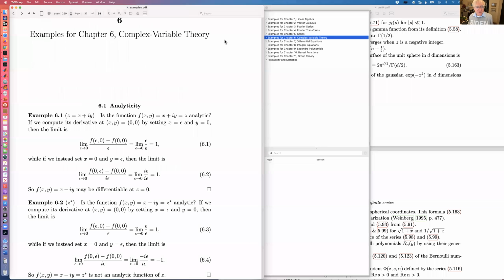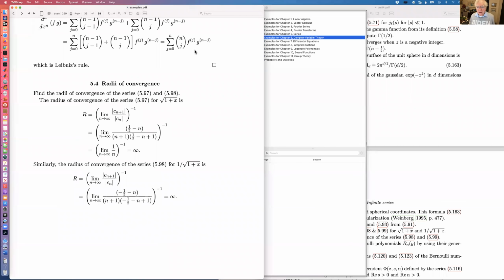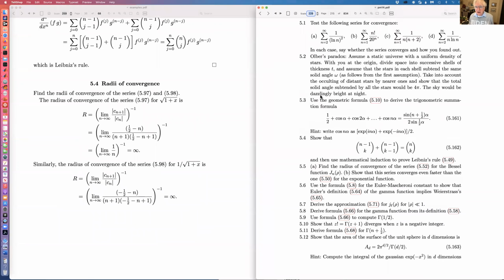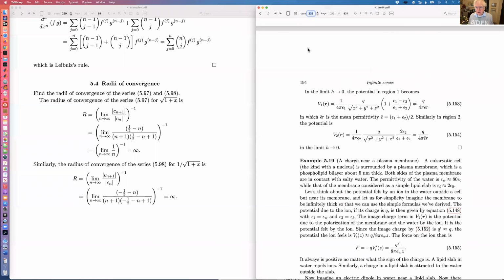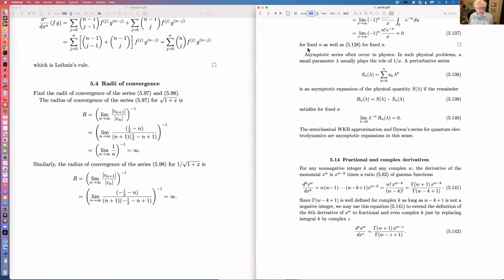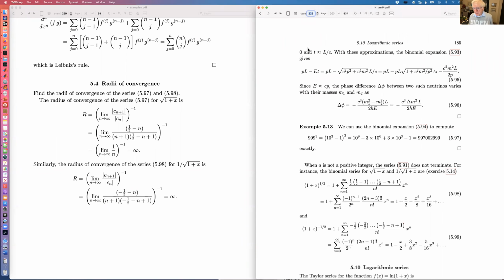All right, let me go to complex variable theory and then backwards. Okay, radii of convergence. So let's look at the series, let's see, it's around 597, so I've got to go a little bit farther back.